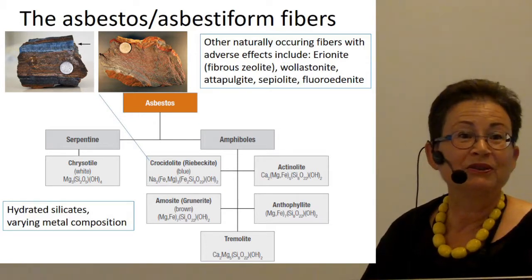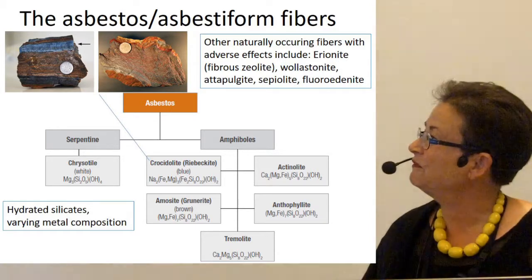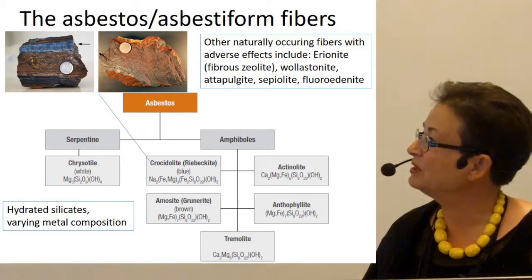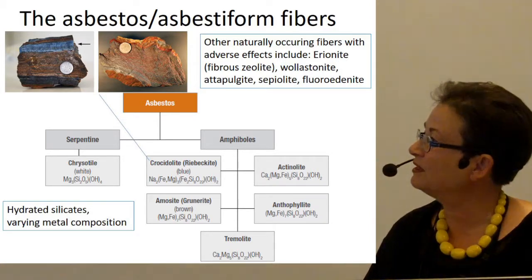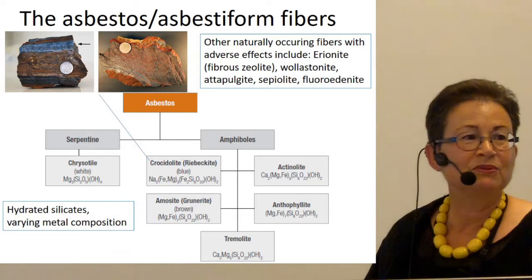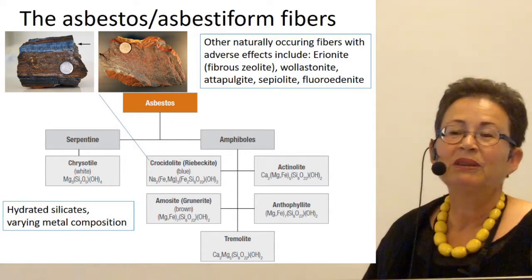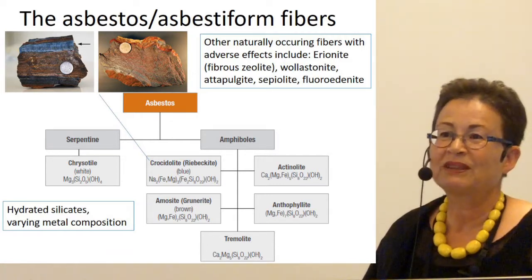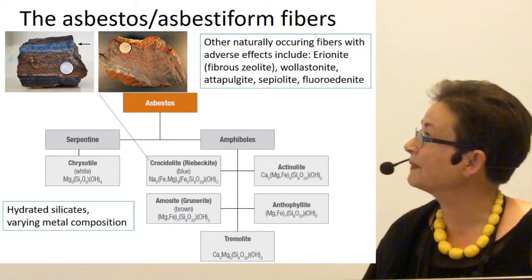So I have to know, for the specific mineral we speak about, the specific chemical composition and whether it is in a fibrous or a non-fibrous form, because it makes all the difference when it comes to the health effects.